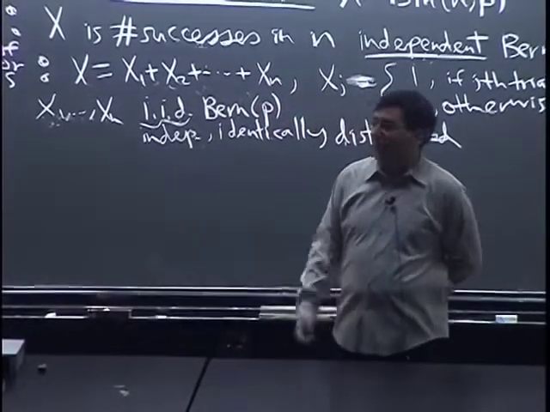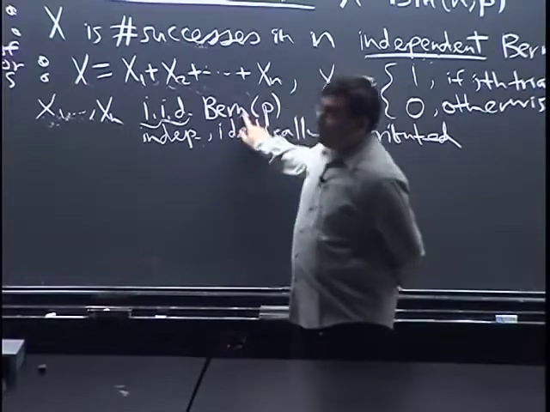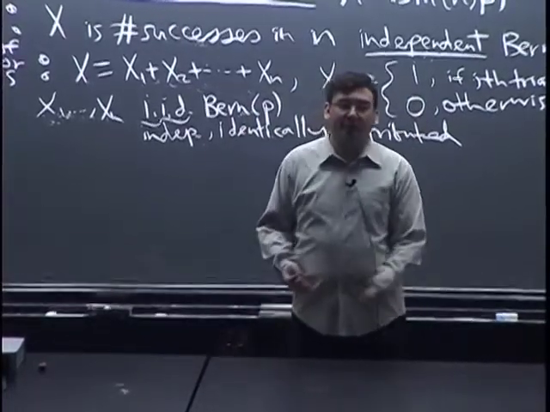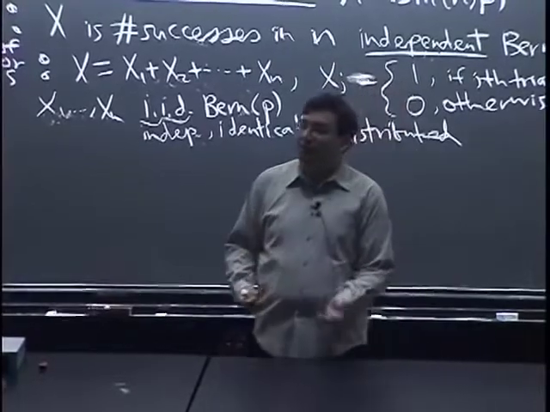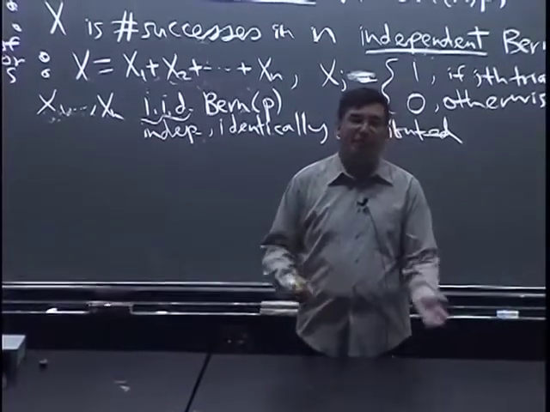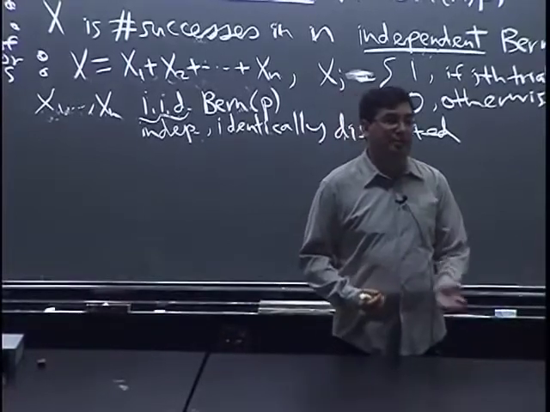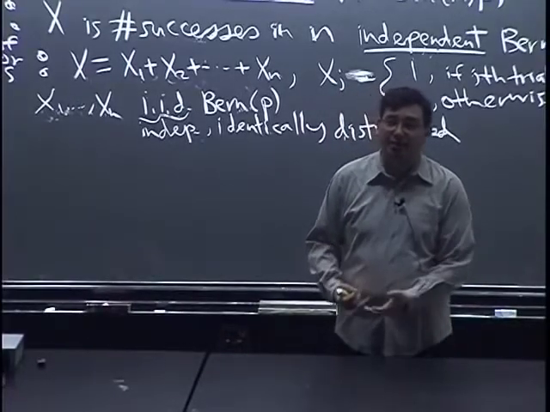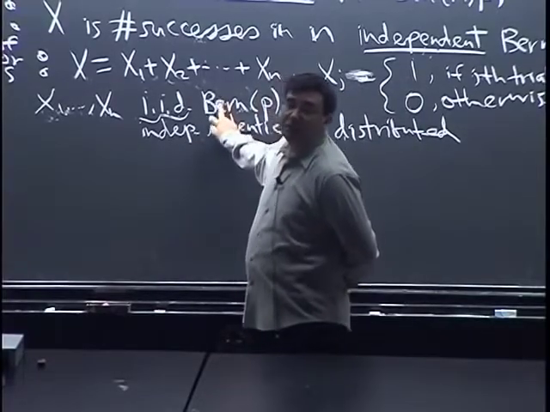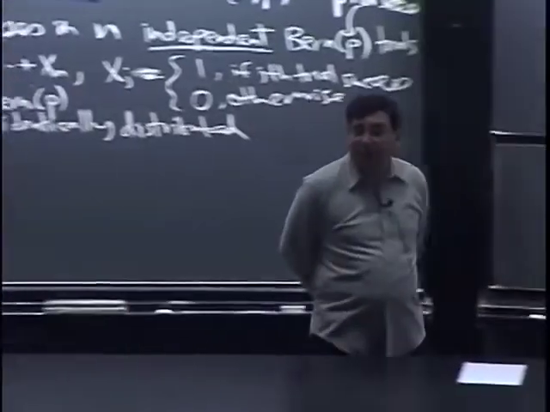So that depends on the first trial. The distribution is saying what are the probabilities that X will behave in different ways. So you can have lots and lots of random variables that all have the same distribution, because the distribution is saying what's the probability that we'll do this, what's the probability that we'll do that, okay? But they're not the same random variable. They're independent, but they all have the same distribution, Bernoulli P. Okay, so that's what IID means.